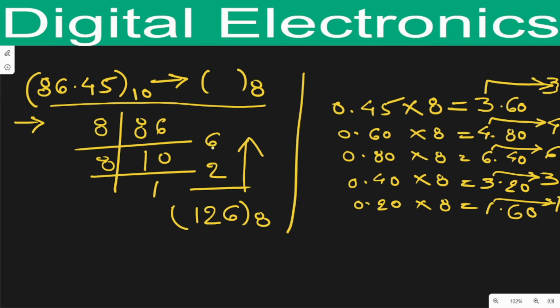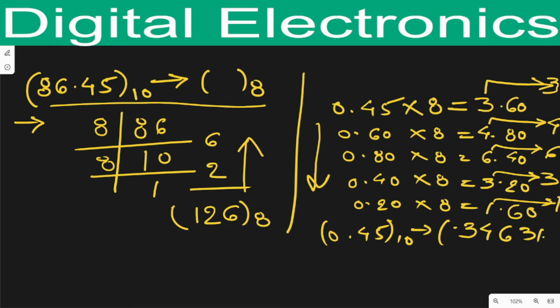In the fractional part we already discussed that we write the answer in the upward to downward direction. So when we convert 0.45 into octal, then what we will get? 0.34631 and so on.